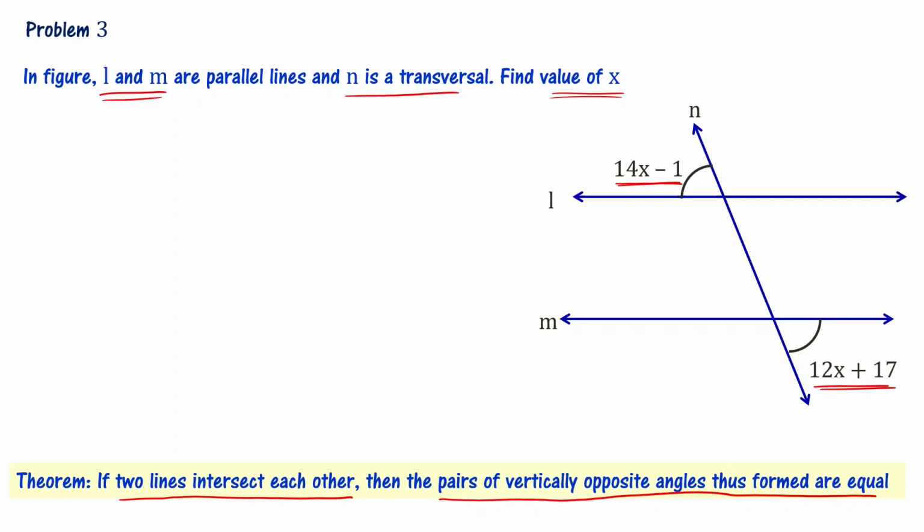That means if two lines intersect like this, the vertically opposite angles that are formed are equal. Okay, it means this one and this one are equal. These are vertically opposite angles, right? So now let us consider line N and line L. These two are intersecting at this point, right?